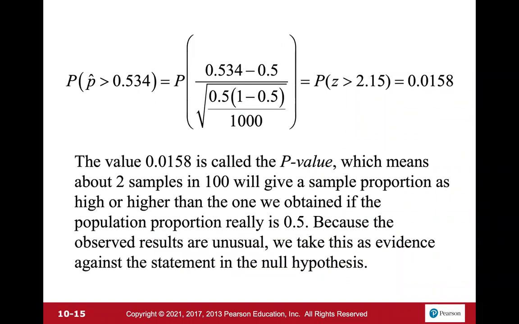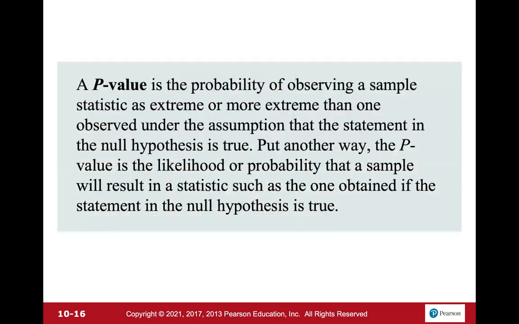So the value 0.158 is called the p-value, which is about 2 samples in 100 will give us a sample proportion as high or higher than the one obtained if the population proportion really is 0.5. So because observed values are unusual, we take this as evidence against the statement in the null hypothesis.